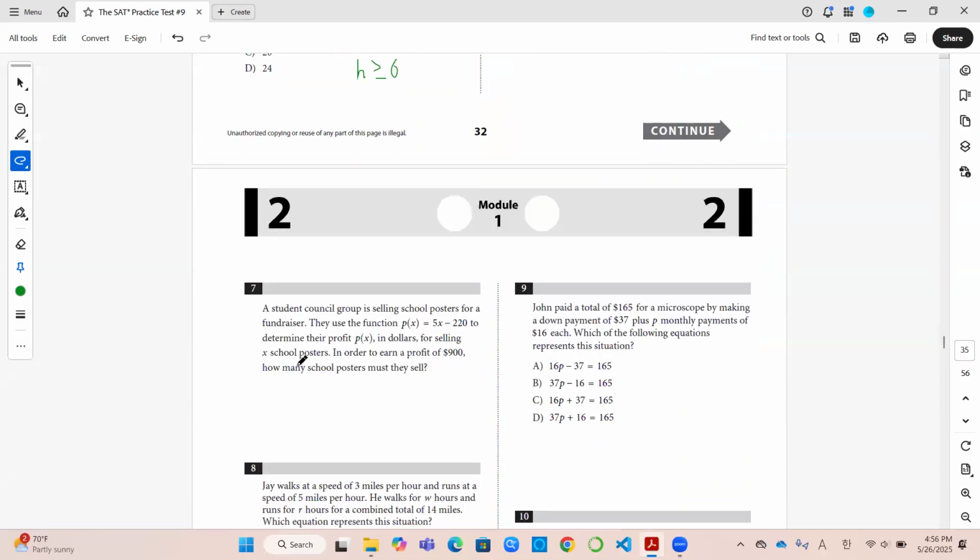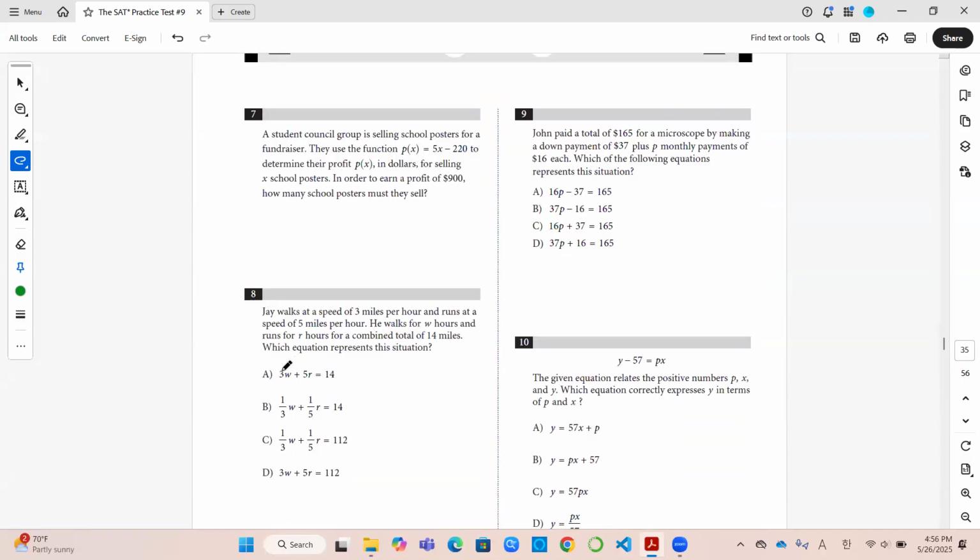Okay. Question number 7. A student council group is selling school posters for a fundraiser. They use a function p of x is equal to 5x minus 220 to determine the profit in dollars for selling x school posters. In order to earn a profit of $900, how many school posters must they sell?